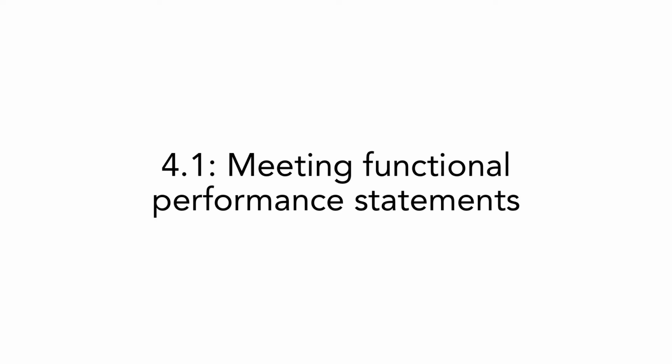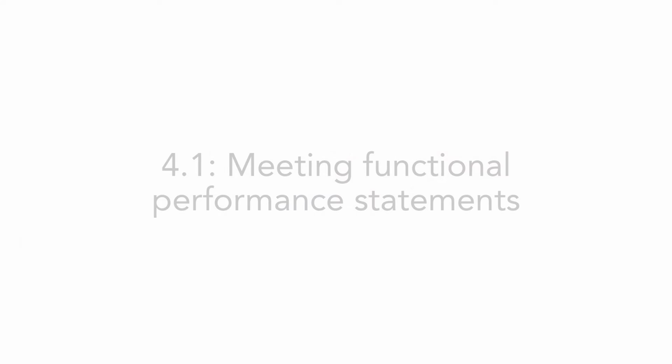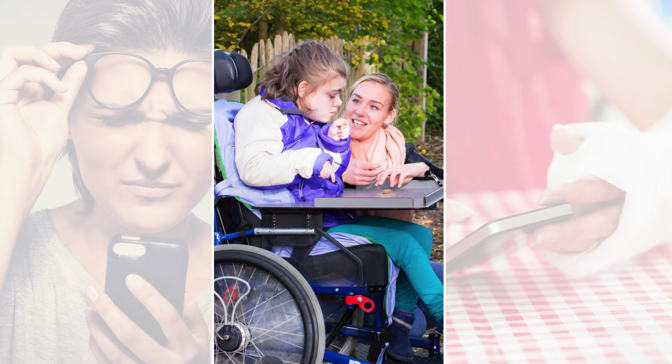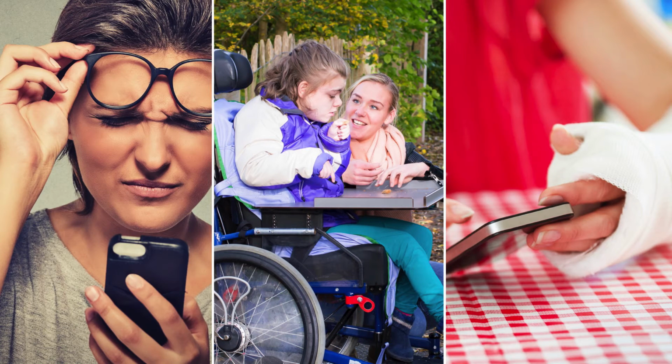Meeting functional performance statements. Section 4.1 explains how the subsection 4.2 is meant to be used. The ICT functions must be possible to find, use, and understand, regardless of the user's abilities. It is also important to note that impairments can be permanent, but also temporary or situational.